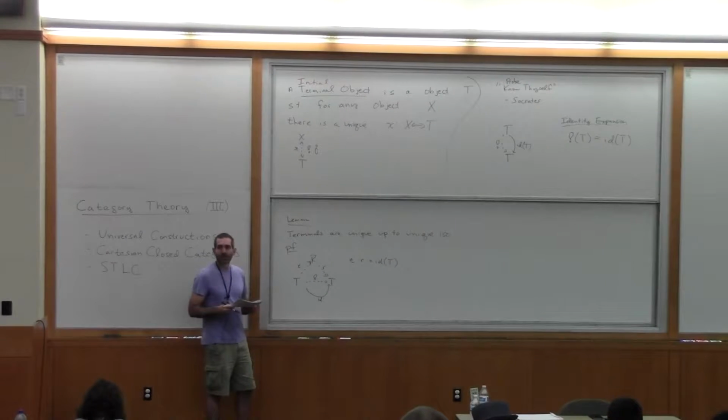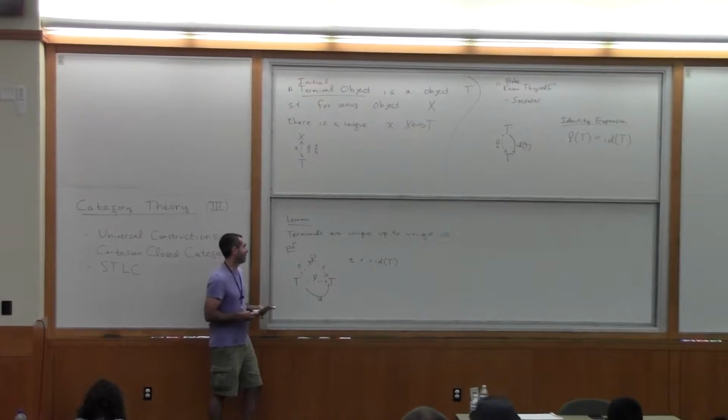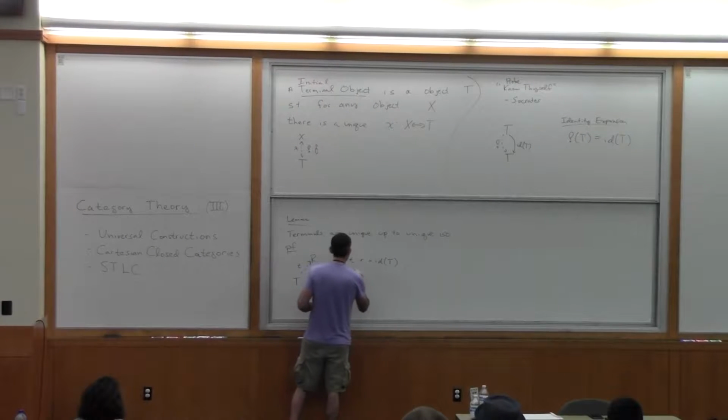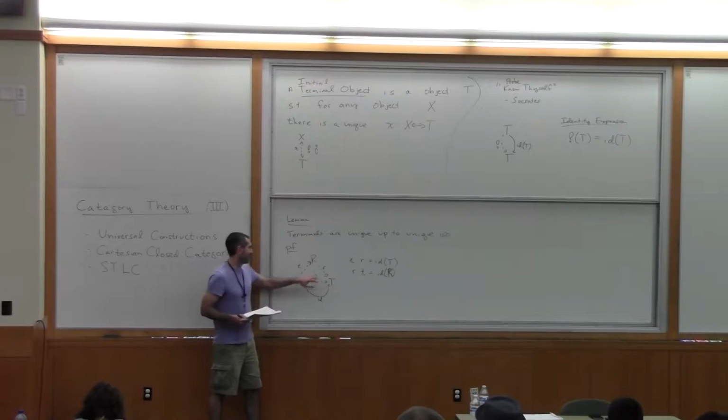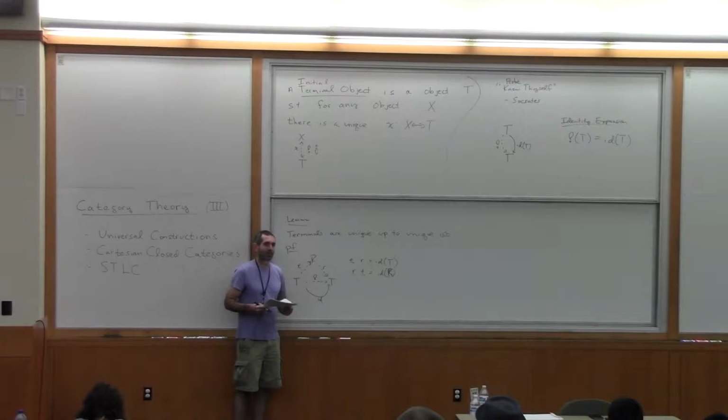But now the roles of T and R in this scenario are completely symmetric. So if we just switch them, we'll see that the arrow R followed by the arrow T is the identity map on the object R. Sorry about that. Okay, so what does that tell us about these two maps?